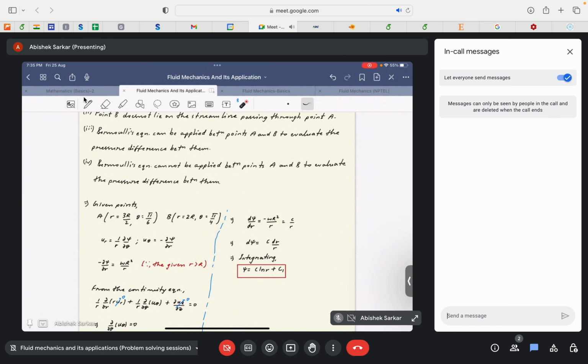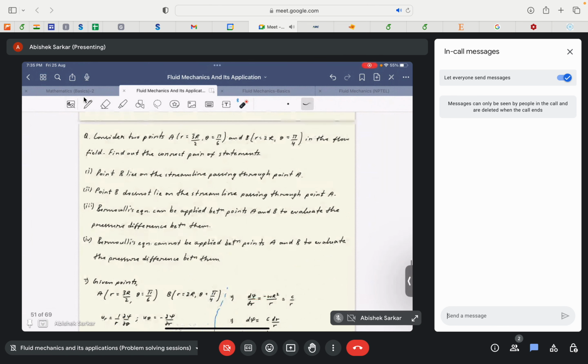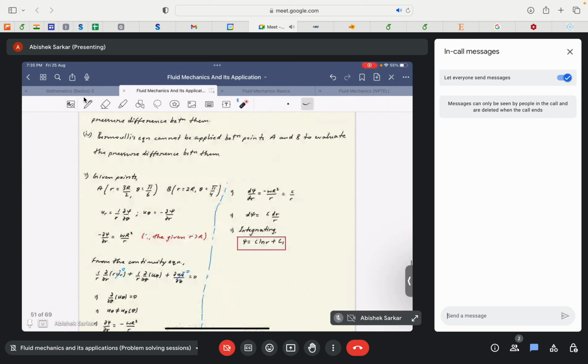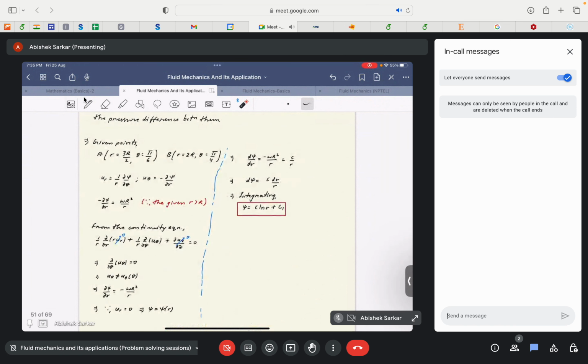Since we are asked to find whether these 2 points lie on the same streamline, it basically tells us that we need to find the equation for the stream function, because the stream function is a mathematical way to find the equation for the streamlines in the case of a 2D, steady, incompressible fluid flow.